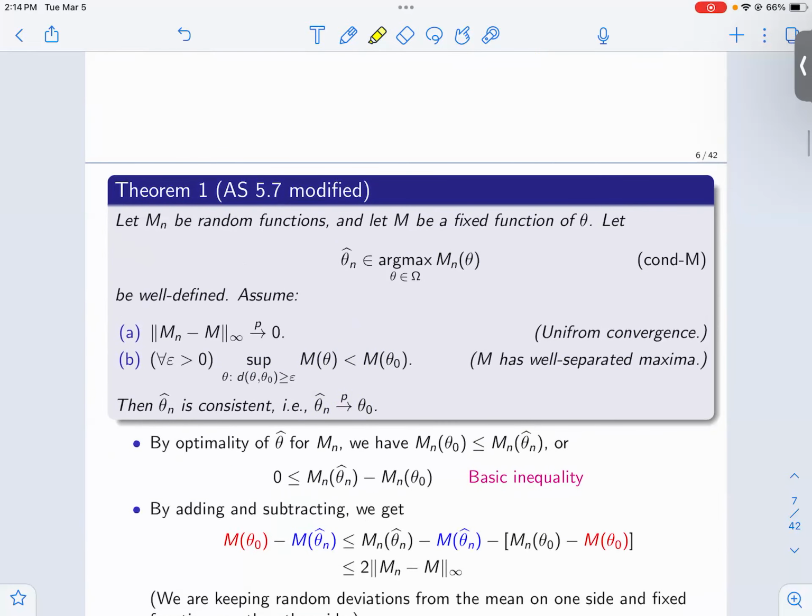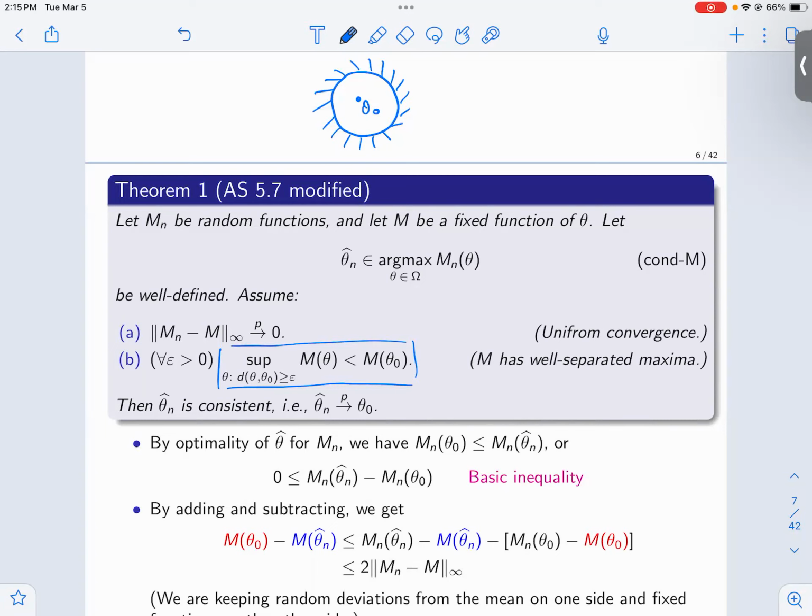So this rule is a technical way of saying things are unique. If you imagine, for every epsilon, I look at the maximum of the function outside of a ball of radius epsilon around theta naught. What this is saying is that the value of the function at the center, at theta naught, is strictly bigger than the maximum over the region outside the ball.